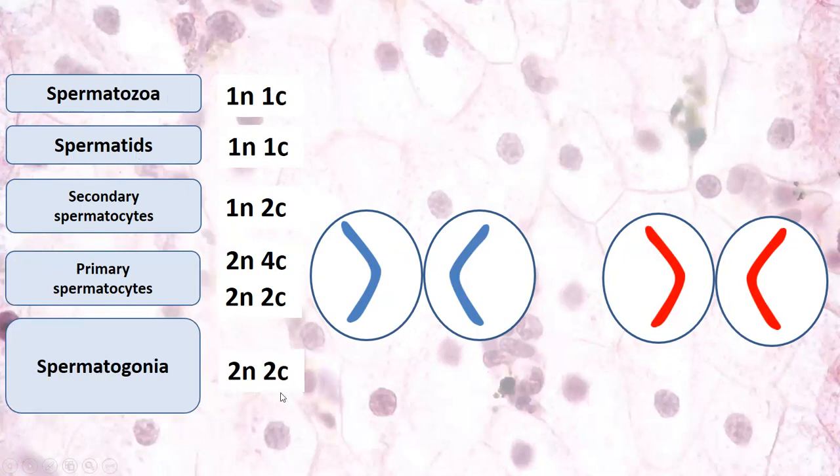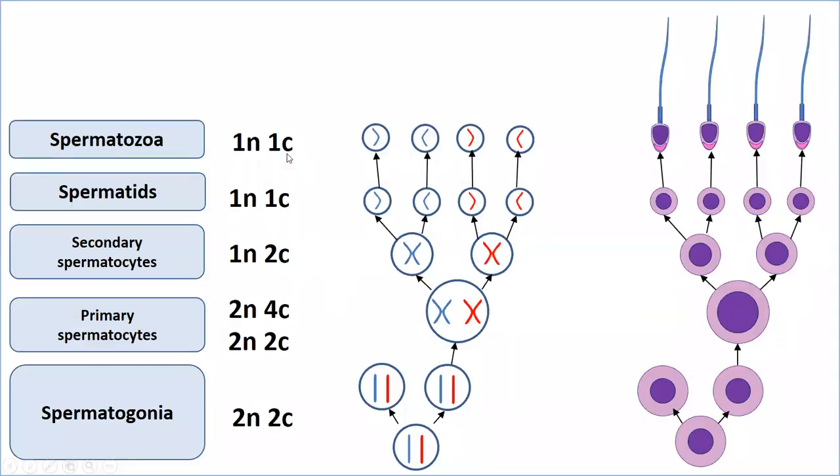So here we can see stages and features of the karyotypes of different spermatogenic cells, from typical somatic cells 2N 2C to haploid cells 1N 1C, and it's a result of spermatogenesis. Spermatogonia are 2N, 2C. Mitotic divisions don't include changes in karyotype.